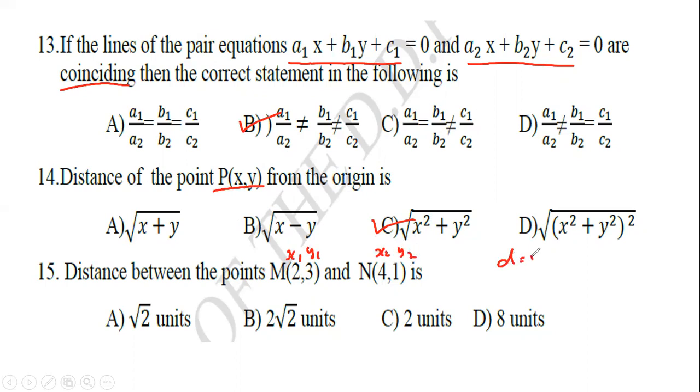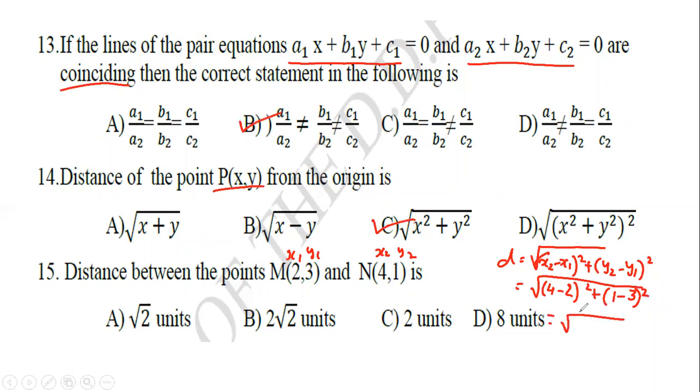So distance formula is d is equals to square root of x2 minus x1 whole square plus y2 minus y1 whole square, which is equals to square root of the value of x2 is 4 minus x1 is 2 whole square plus y2 is 1 minus y1 is 3 whole square. In next step, which is equals to square root of 4 minus 2 is 2 square plus 1 minus 3 is minus 2 whole square.